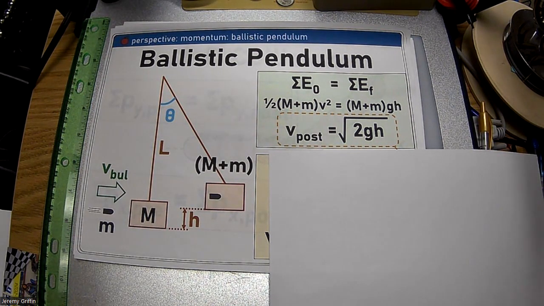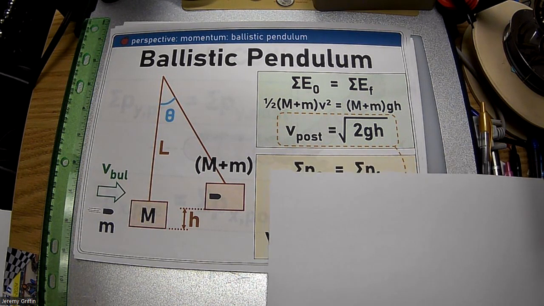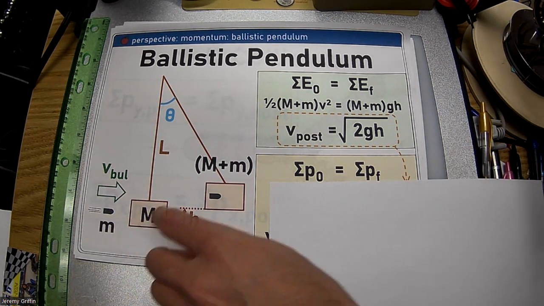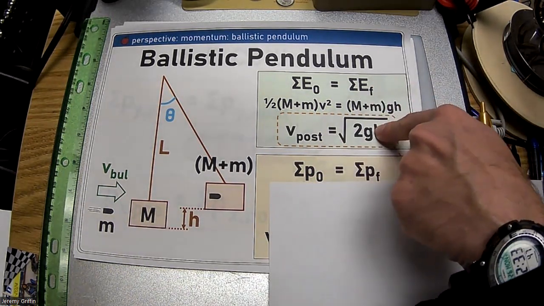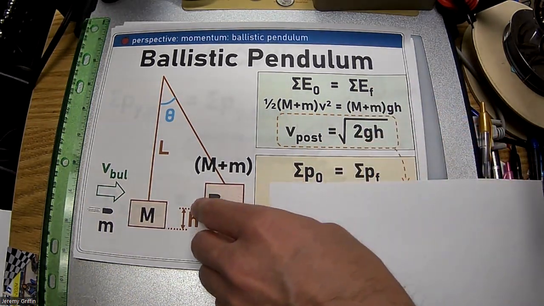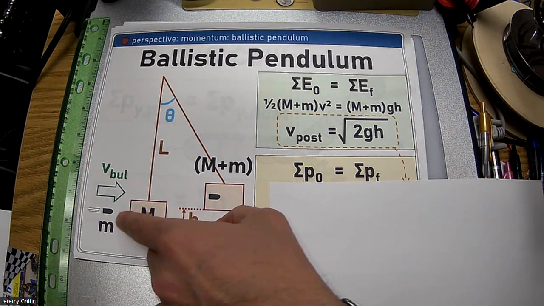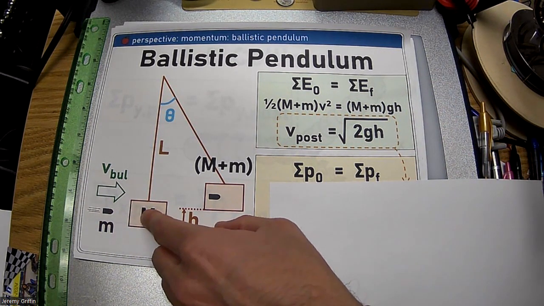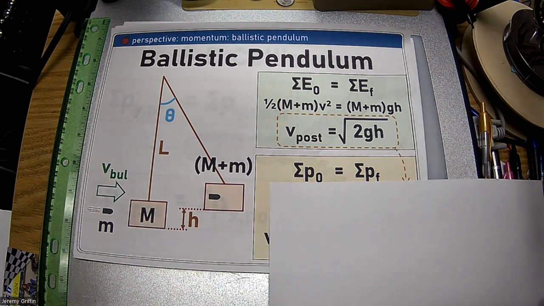I'm still covering up this gold box though. What's underneath this gold box? What's the first line? Momentum is conserved. So we're stepping back in time again. This is the step before, chronologically: the bullet embeds itself in the block. Now you cannot use conservation of energy because there was so much work done deforming the block.